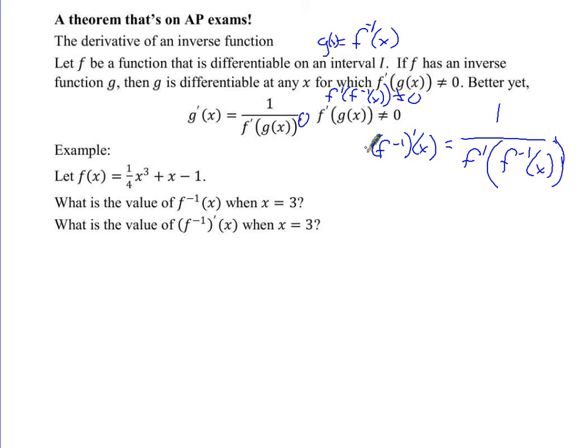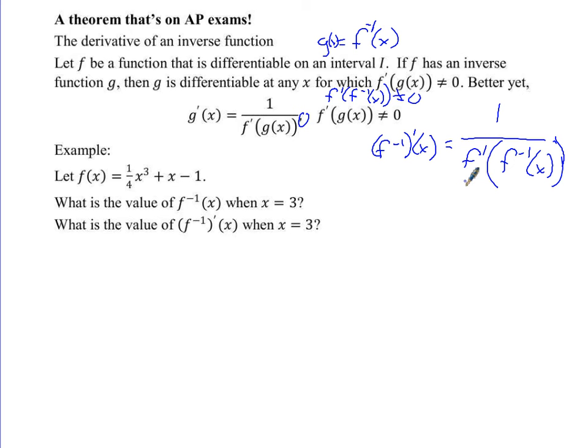So the slope of the inverse function is equal to 1 over the slope of the original function at the inverse, which is basically what we said on the last page when we said that the slope of the original is the reciprocal of the slope of the inverse. 1 over something is the reciprocal.